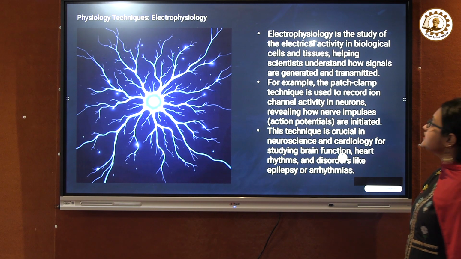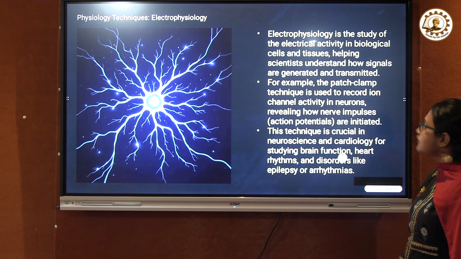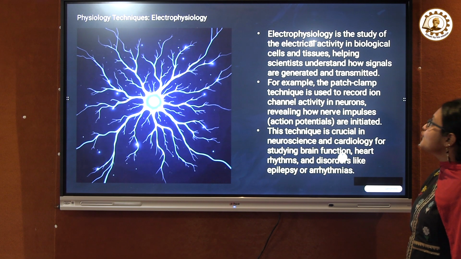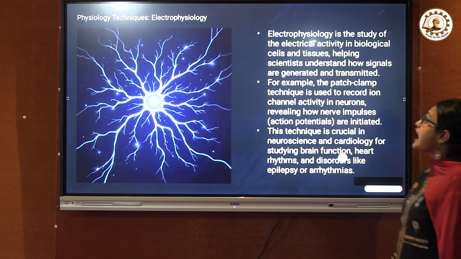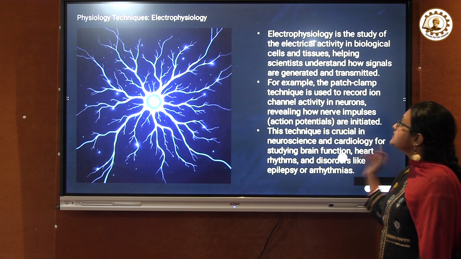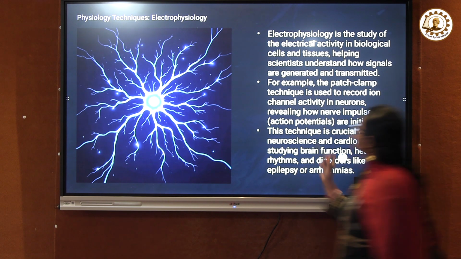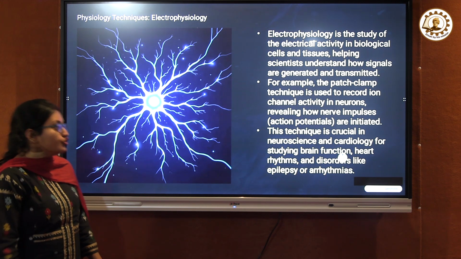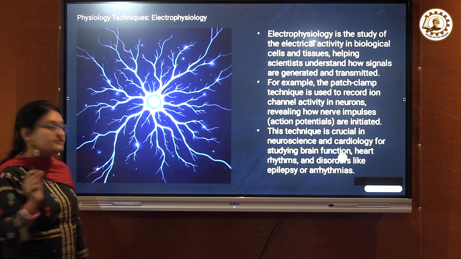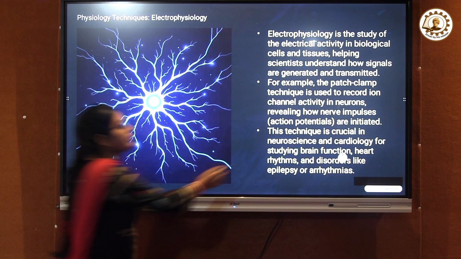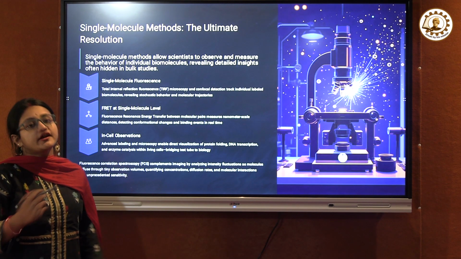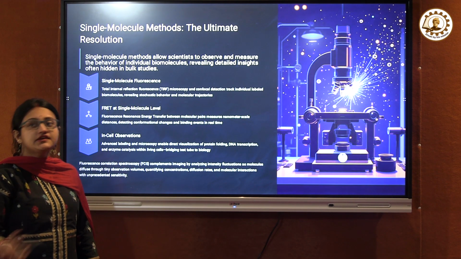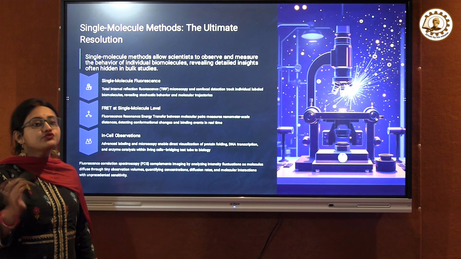Electrophysiology is the study of electrical activity in biological cells or tissue, which helps scientists understand how signals are generated and transmitted. For example, the patch clamp technique is commonly used to record ion channels in neurons. This technique is used in cardiovascular work, like ECG and EEG.